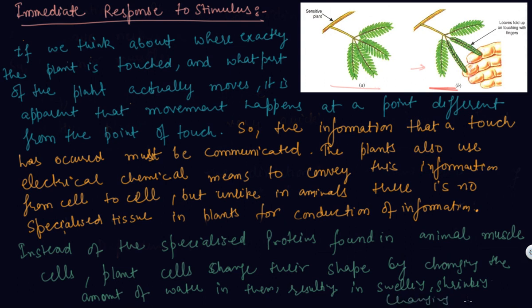So when you touch a plant like the chui mui, the leaves fold up on touching with fingers. This is how they react: the amount of water in the cells changes, resulting in swelling and shrinking, thus changing the shapes.